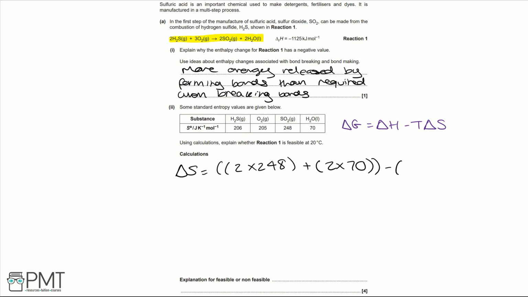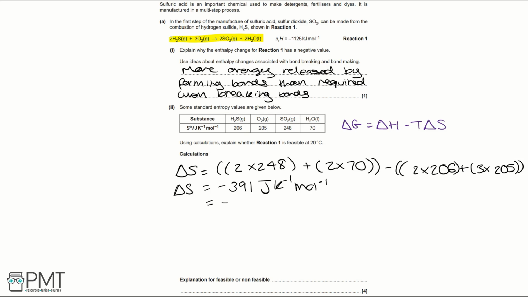And then minus 2 times 206 plus 3 times 205. And that equals a standard entropy change of minus 391, measured in joules per Kelvin per mole.